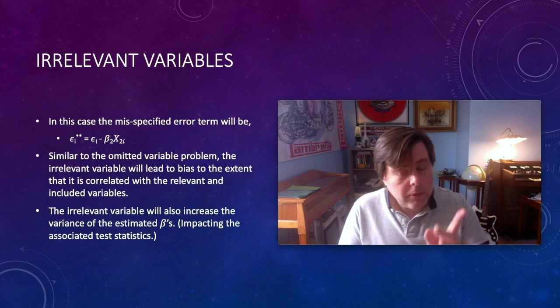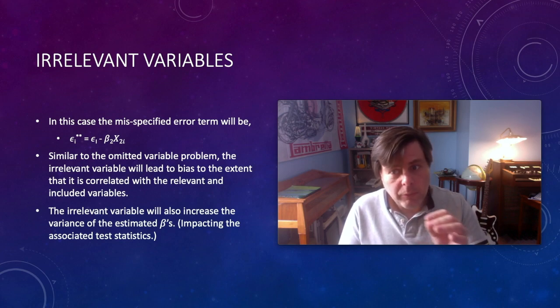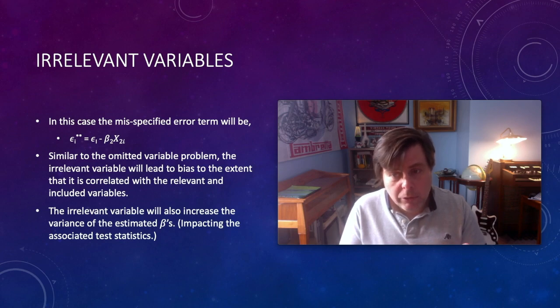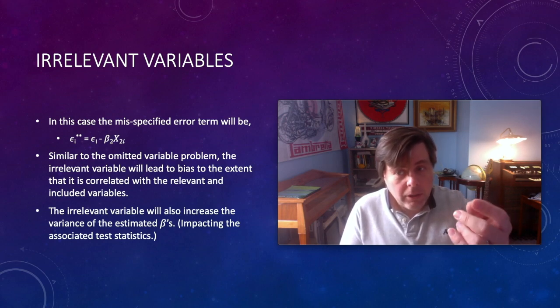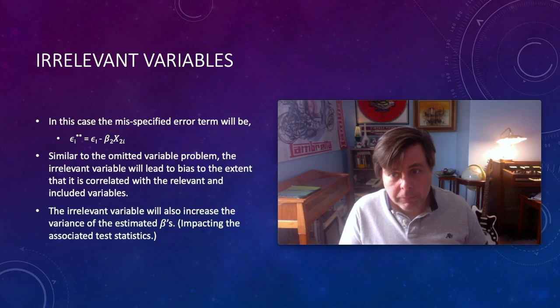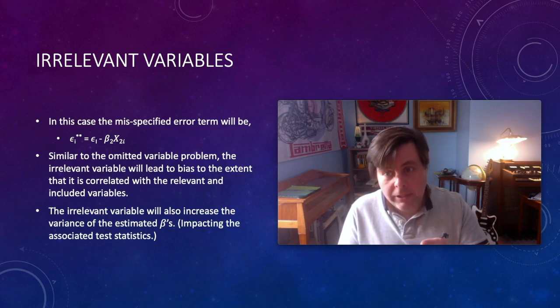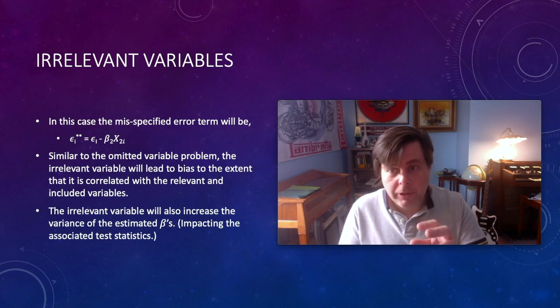In other words, very similar to before, if we have that x2 in there, our estimated beta associated with x2 is going to pull some of that attributable variation in y away from x1 and stack it into estimated variation in x2.